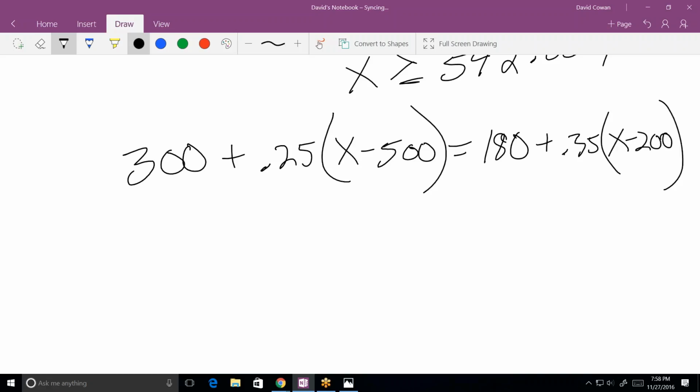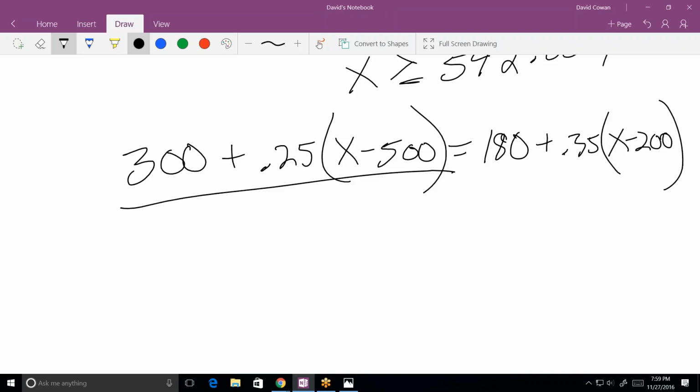That's what we have to solve, is that equation there. In other words, whenever x is greater than 500, that's going to be the cost. And we just figured out that x was going to be in the neighborhood of 542. So we have to use this part of the piecewise function, not the first part.